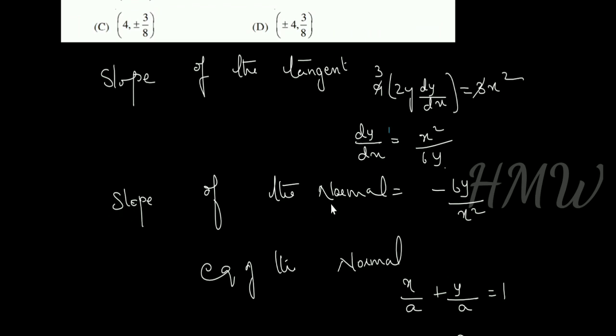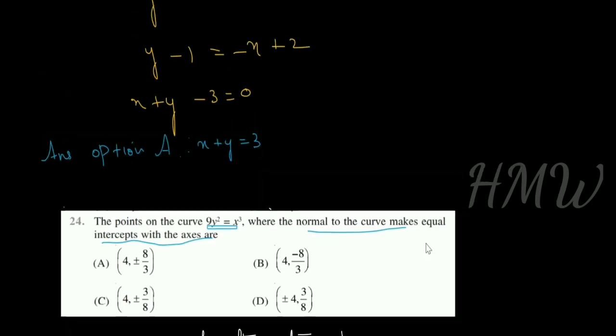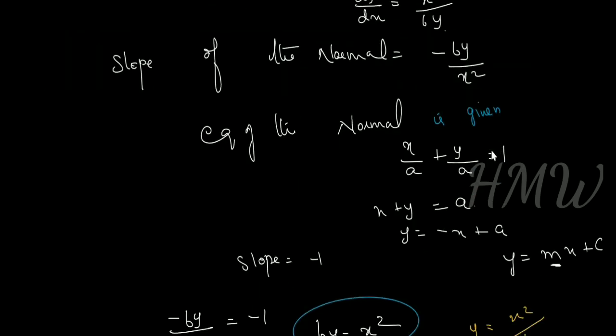So what is the slope of the normal now? Take the reciprocal and change the sign. The reciprocal is 6y by x square. Change the sign. Now the normal makes equal intercepts.